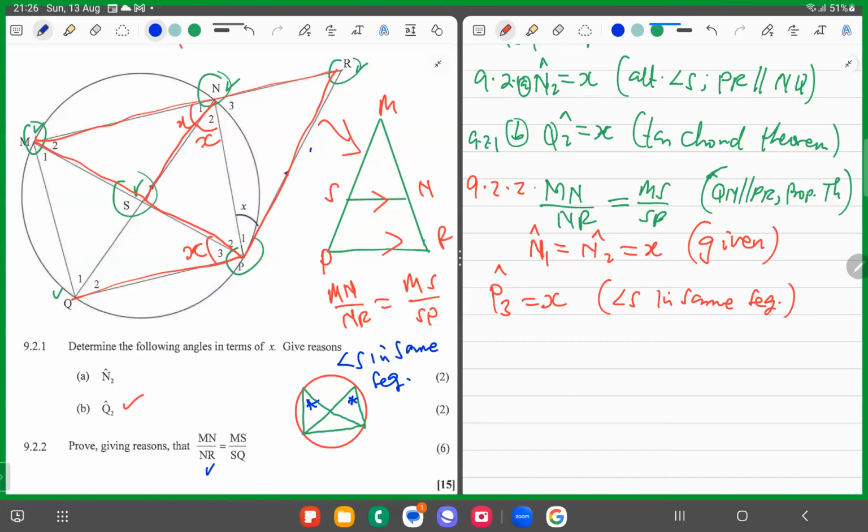We make that observation that SQ is equal to PS, because of sides opposite equal angles.